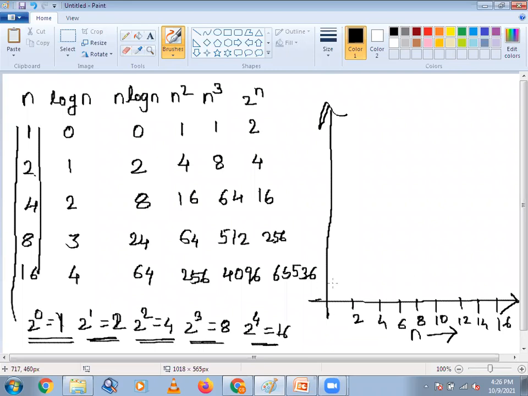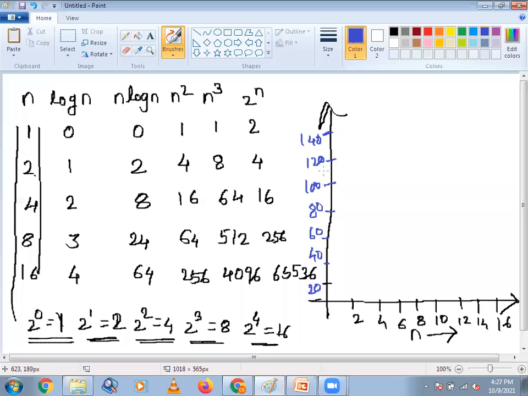And here the values we will take 20, 40, 60, 80, 100, 120, then 140.